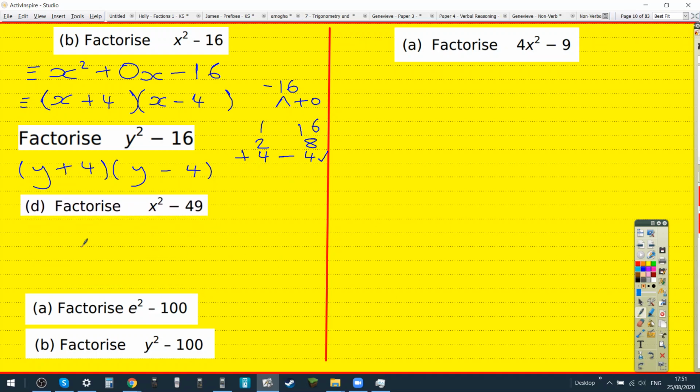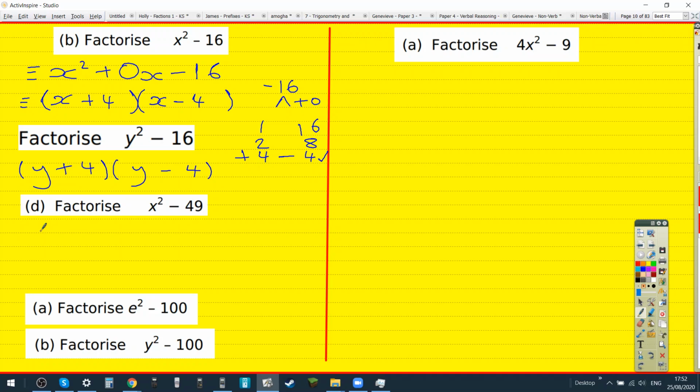The next one, 49. So 49 square rooted, because it has to be the same number.